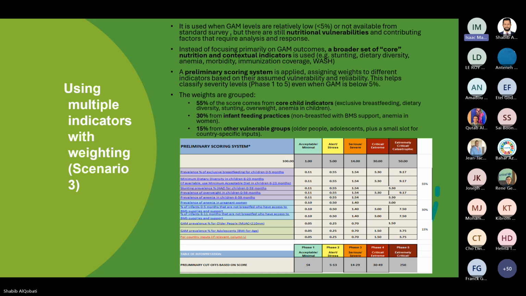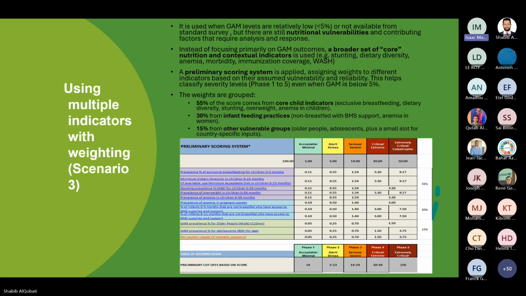Key examples of some of these contextual indicators are stunting, dietary diversity score, anemia, morbidity, immunization coverage, or WASH, or any other indicator that might be contextually related as well. Here, we'll be looking at a preliminary scoring system being applied, and weighting is done across various indicators based on the assumed vulnerability and the reliability upon which they are being used.